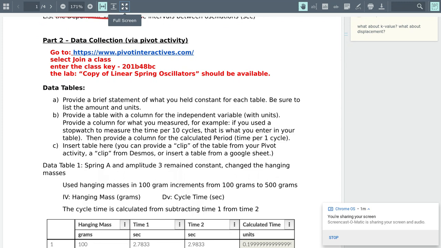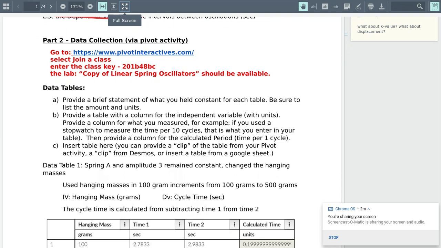And that's going to give you more accurate data. It looks like you used a stopwatch as I provided. Okay, so use the stopwatch in that activity and it'll give you more accurate data.